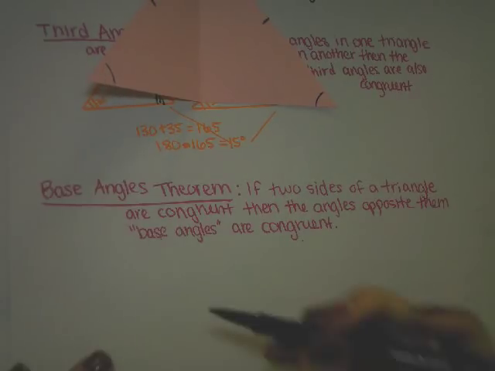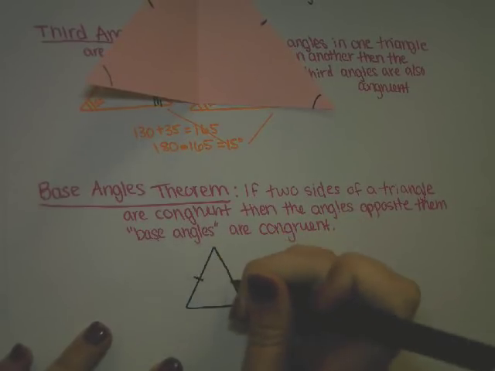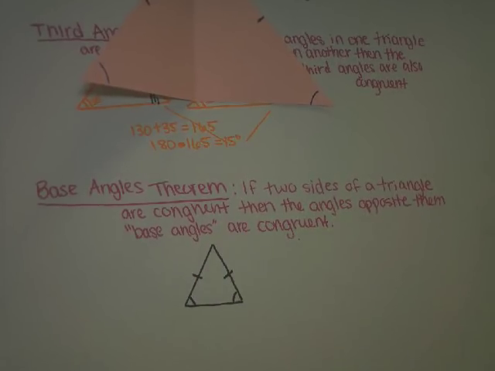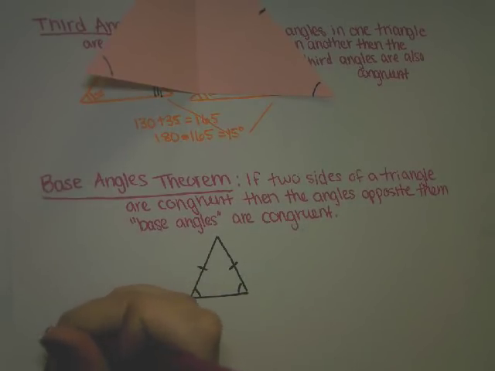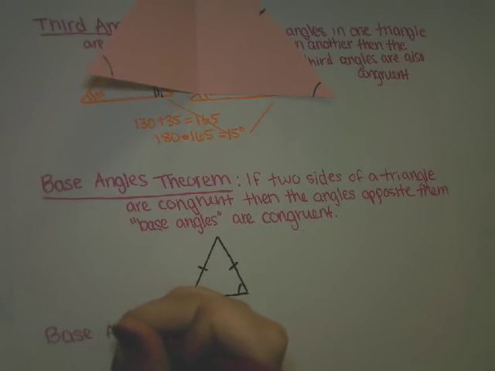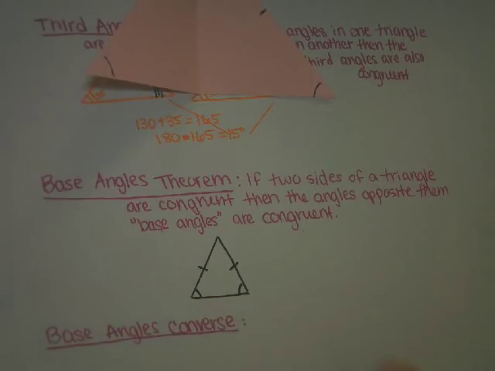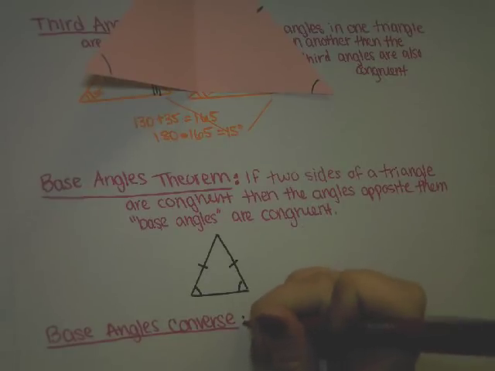So if I draw a nice little picture here, an isosceles triangle, if you know those sides are congruent, then you know these angles are congruent. And actually the converse ends up being true. The converse meaning if we know the base angles are congruent, then we know that we have an isosceles triangle. So we've got the base angles converse, which you learned about converses ways back, and that just means that we're going to flip our hypothesis and our conclusion.